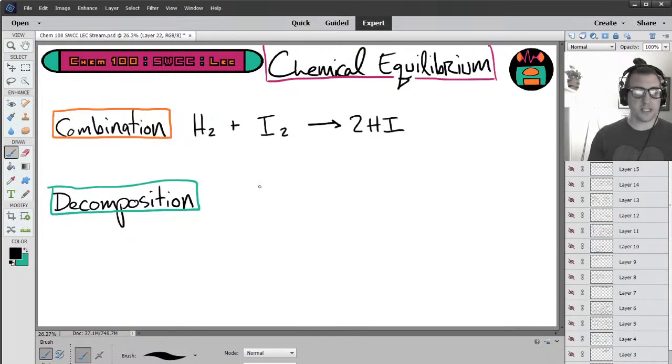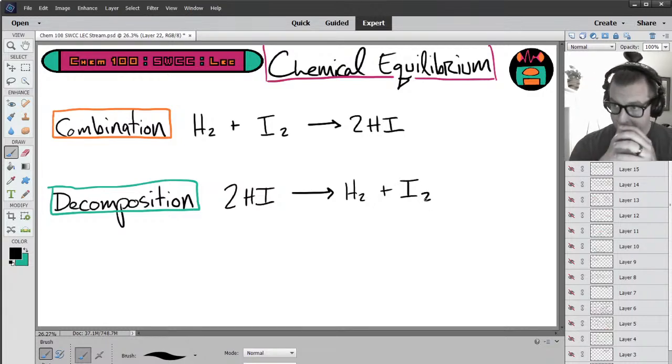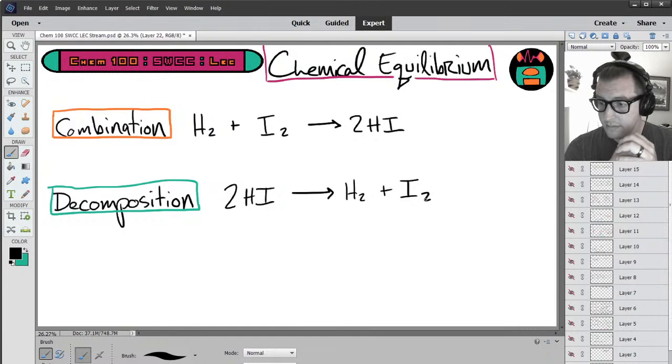So consider the decomposition of hydroiodic acid. When hydroiodic acid decomposes into its constituent elements, it falls apart into hydrogen and iodine.